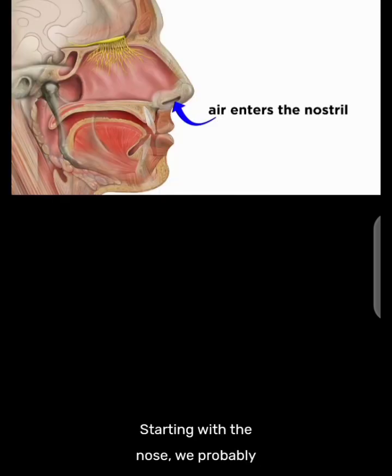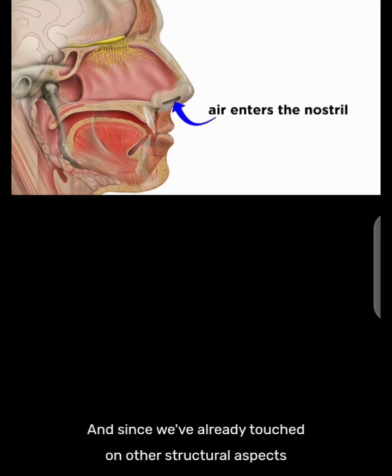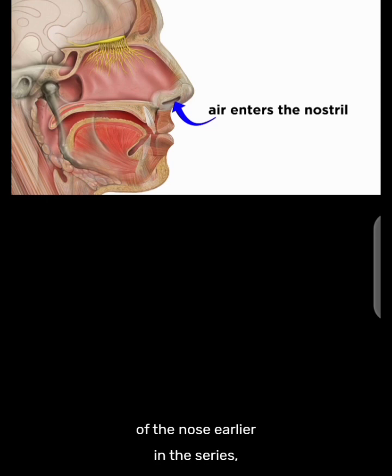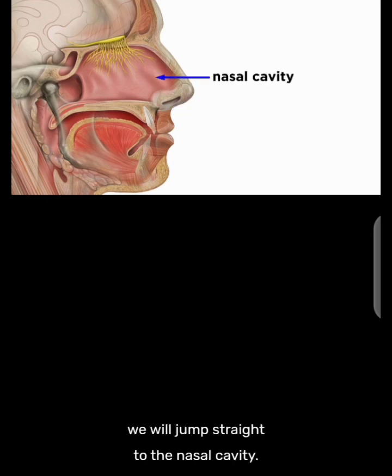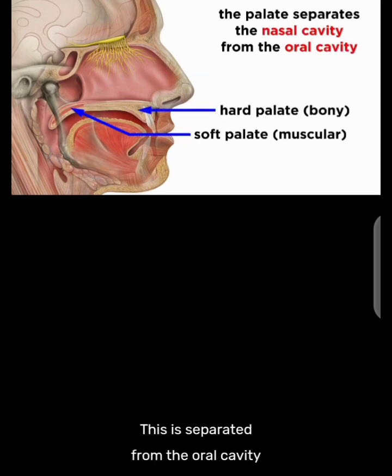Starting with the nose, we probably know that air enters through the nostrils, and since we've already touched on other structural aspects of the nose earlier in the series, we will jump straight to the nasal cavity. This is separated from the oral cavity by the palate, which has two sections, the bony hard palate and the muscular soft palate.